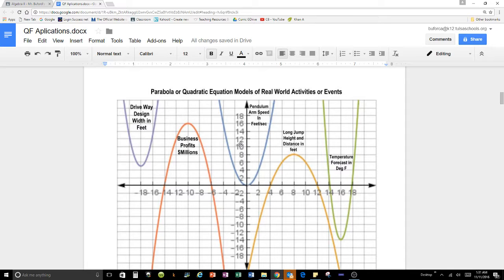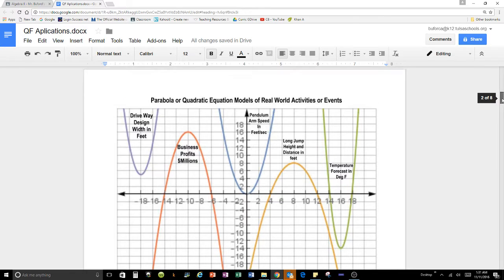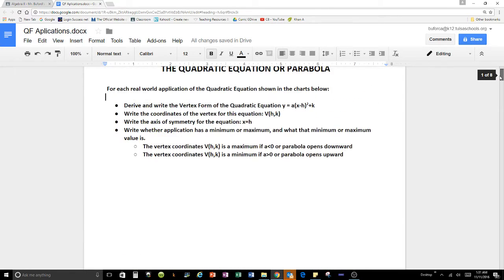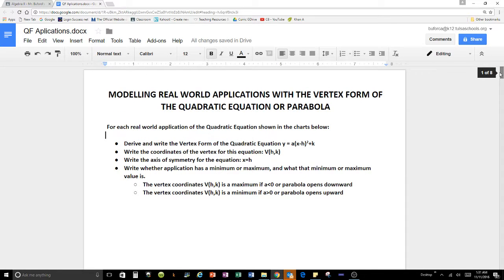Okay, so let's go back up to the formula and see just what this vertex form of the quadratic equation looks like. And you see that it should be very simple to solve these types of equations.